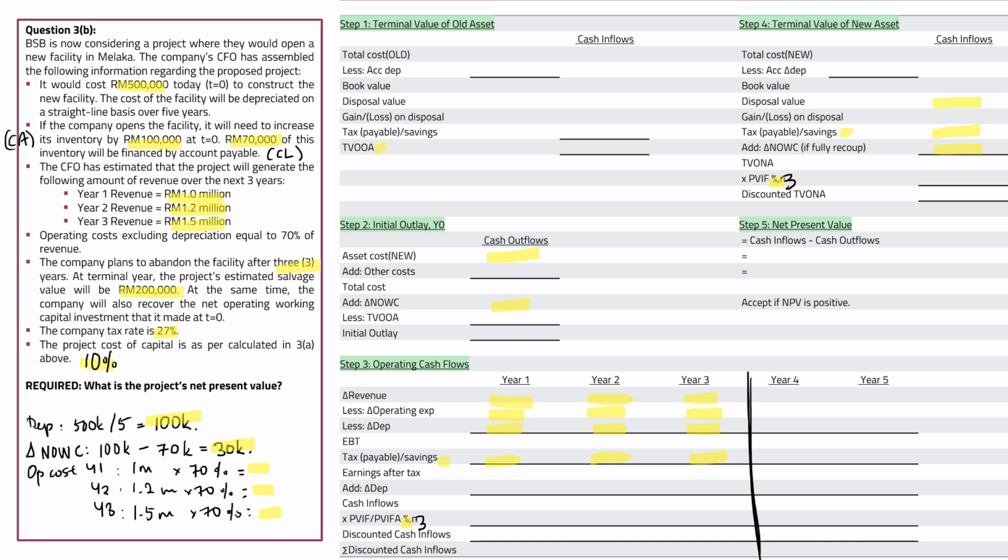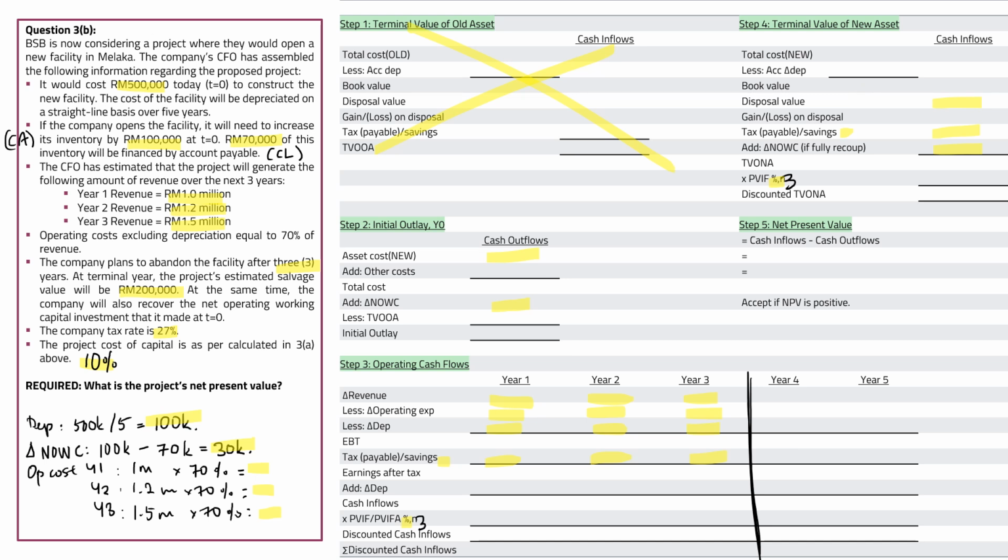So it's pretty sure that we don't have an old asset over here. We have, let's see, with asset cost, no other cost. Okay. We can get the cash outflows over here. This is pretty straightforward. And terminal value. Terminal value of the new asset.